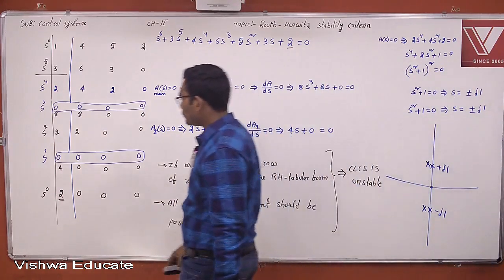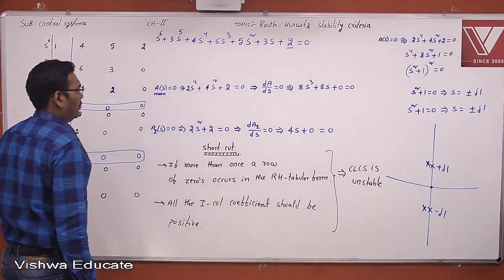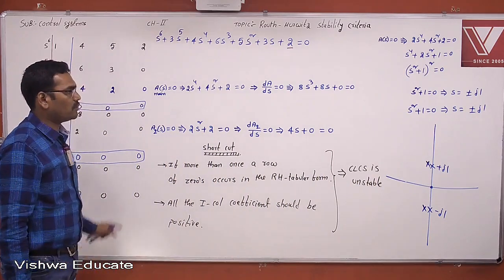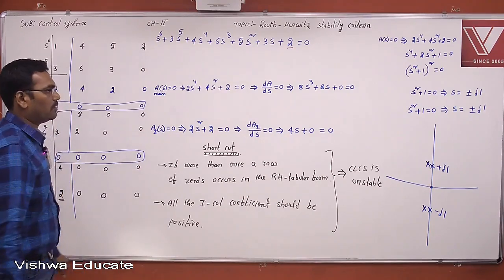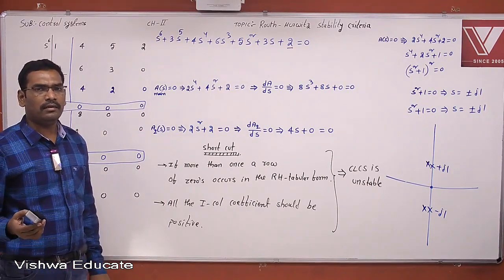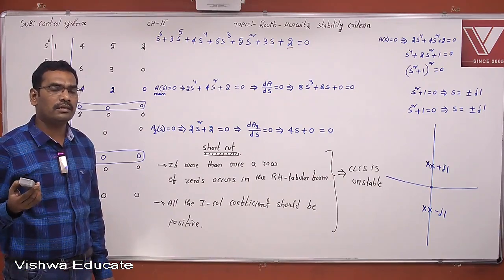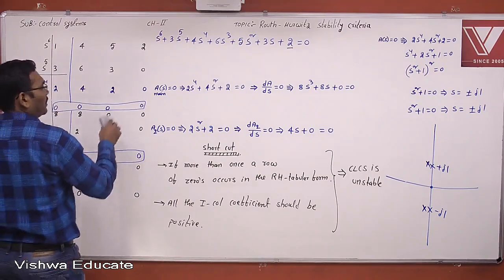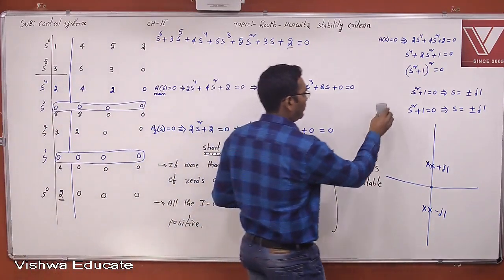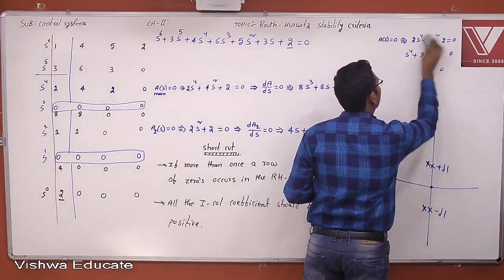Then I will give one clarity of this. Now first you just take this one. This is very important. When the row of zeros occurs, in which situation are the rows of zeros coming, and how many rows of zeros occur, that is also important. Here is one example I am taking.